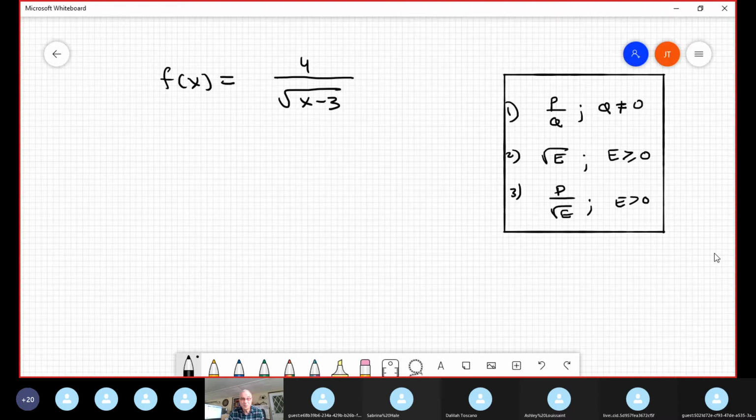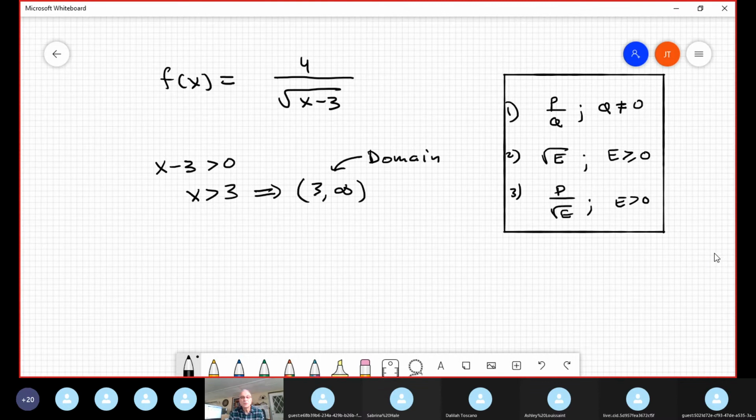You take the expression inside the radical without the radical, and it's greater than 0. And you solve this elementary inequality like that. And this is equivalent to saying in interval notation, parenthesis 3, infinity. This is the domain of that function.